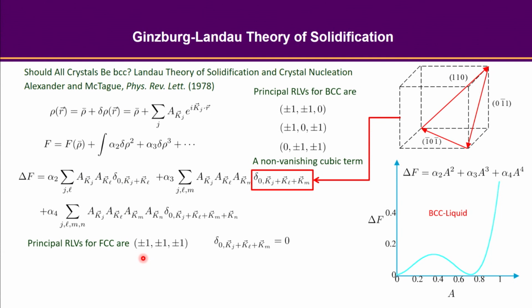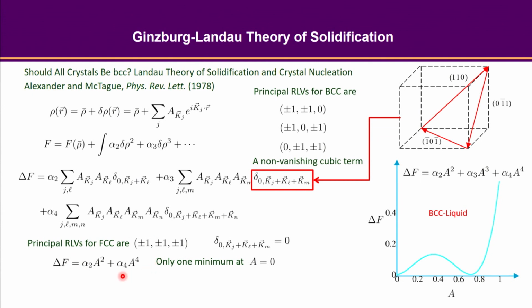Summing three integers, each 1 or -1, in any combination, you can only have 3, 1, -1, and -3. So you will never have anything that contributes to the cubic term. So for FCC, if we only expand to the quartic term, you can only have the quadratic and the quartic terms, right? And we would like the system to be stable.